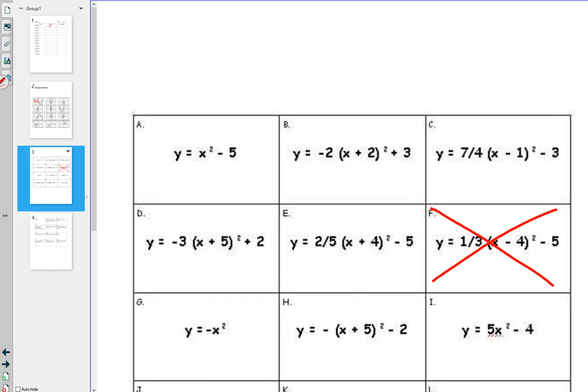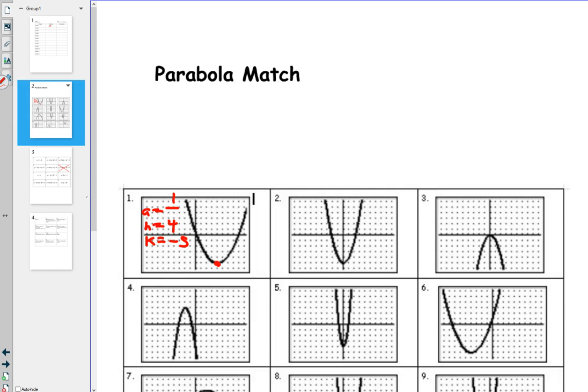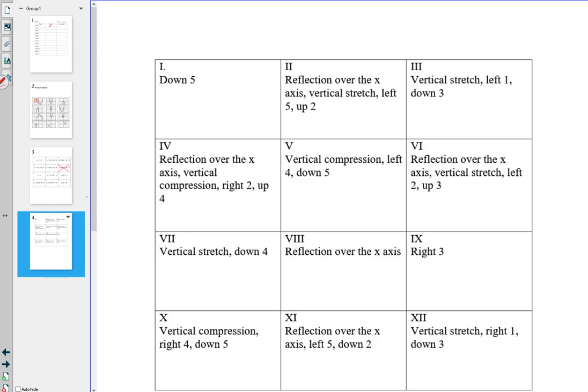Now let's look at the description. Now because we matched it, they kind of helped us out, and now we know that A is 1/3. So that's going to help us with the description. When A is 1/3, we're doing a compression of 1/3. There's no reflection, but then there's a translation that's going 4 to the right and 5 down.